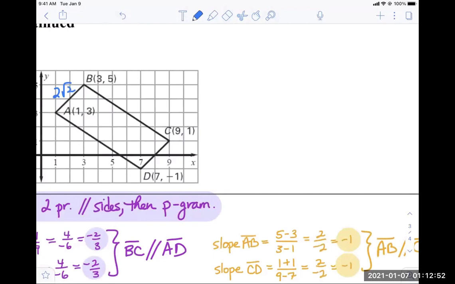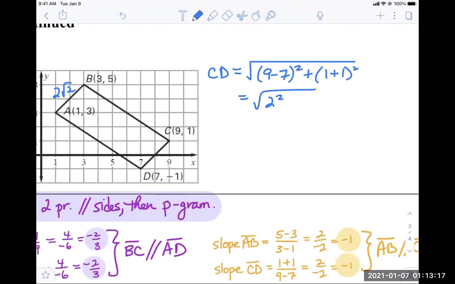Now BC. Actually, I'm going to go ahead and do the opposite side because that's supposed to come out to be congruent. So the length of segment CD means just CD without the bar over top of it. Okay, so the change in the x is 9 minus 7 quantity squared, and then 1 minus negative 1, or 1 plus 1 quantity squared.